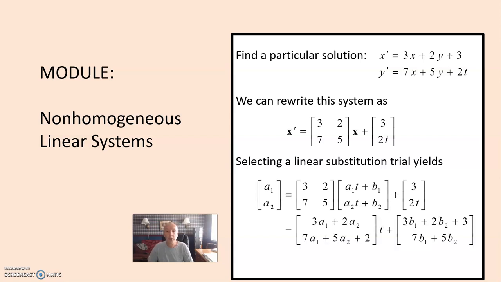We can do our matrix multiplication on the right hand side, and we can combine like terms, those that have t and those that don't.